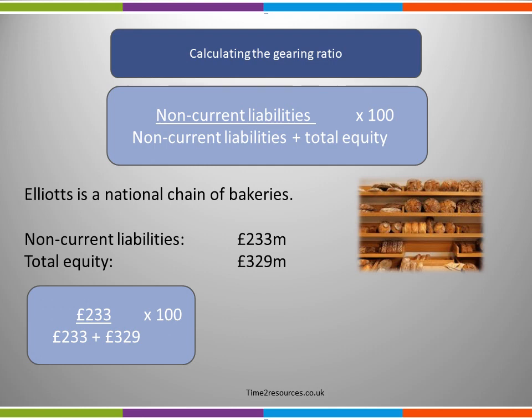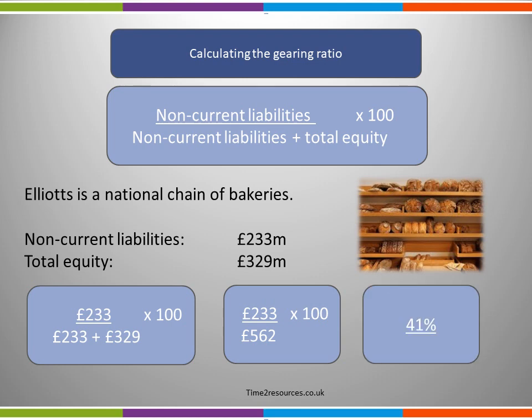We apply these numbers to our formula. 233 divided by 233 plus 329 times 100 gives us 233 divided by 562 times 100 gives us an answer of 41%. This means that 41% of Elliott's capital is from non-current liabilities.